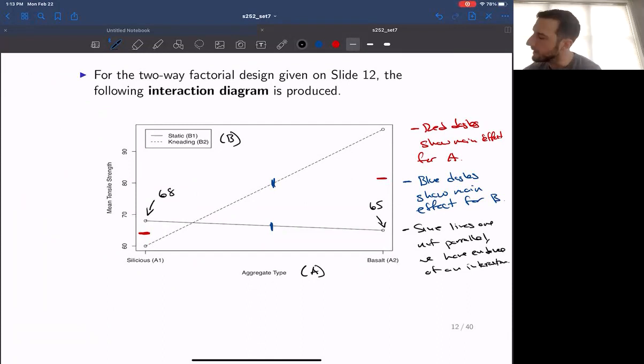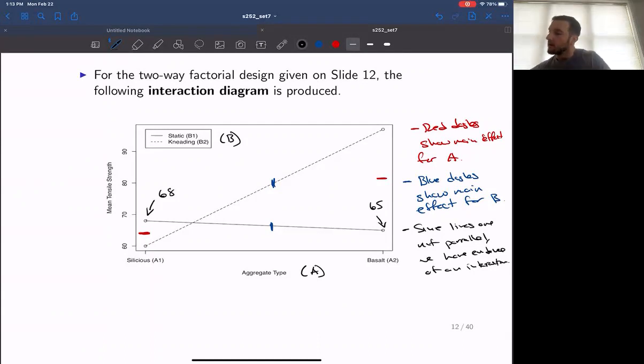For example, here the red dashes on the plot represent the difference in means between the basalt level and the siliceous level. These two red dashes are at different points on the y-axis. This means that there is a main effect across the aggregate type.